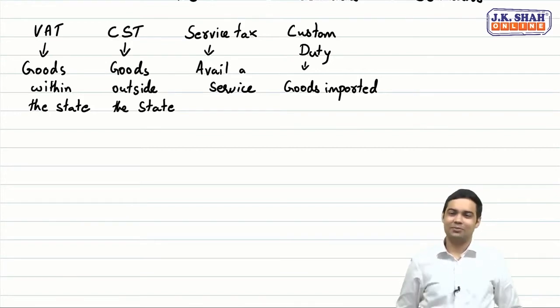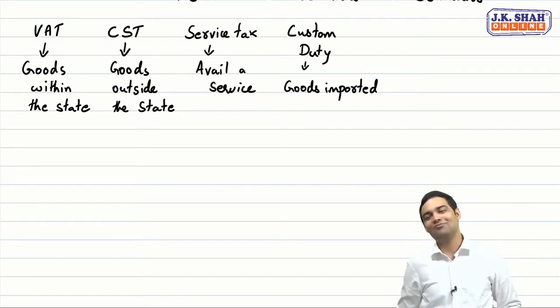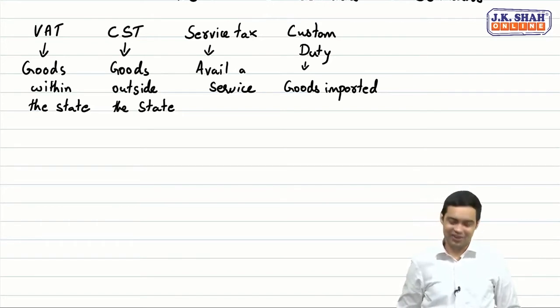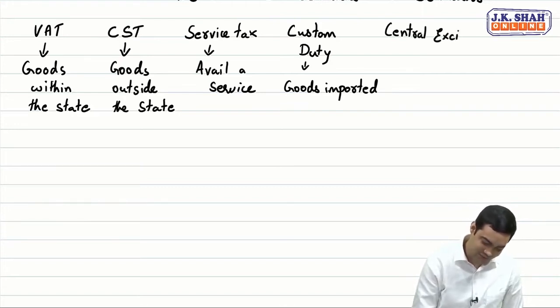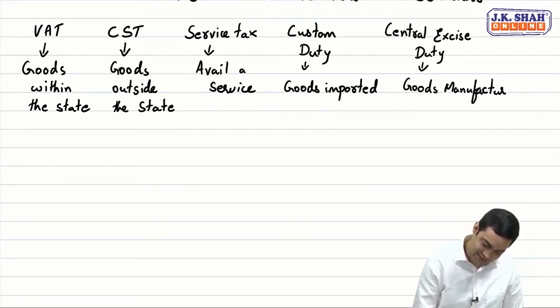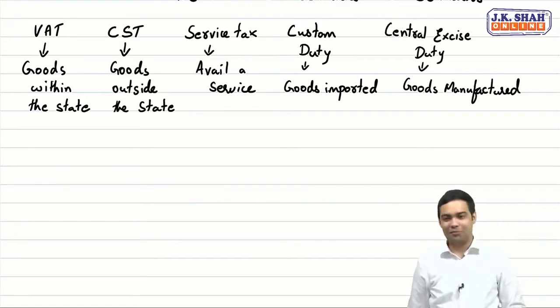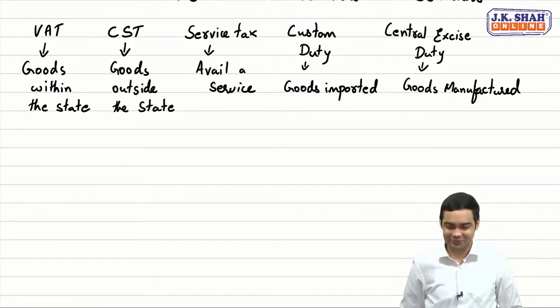Then I told him, there's one more tax in your transaction. As you have manufactured a particular product, on manufacture of this product there is central excise duty which you will have to collect. So then he was a bit confused, saying that even after learning so many taxes, there's another levy on manufacture, which is central excise duty.